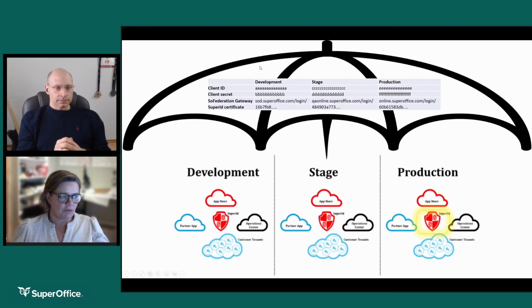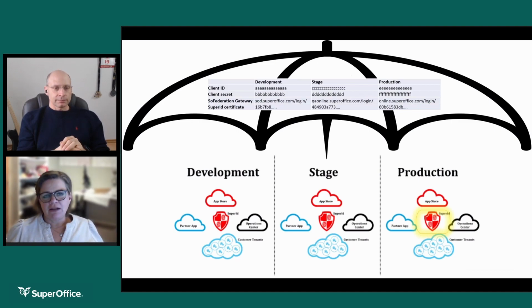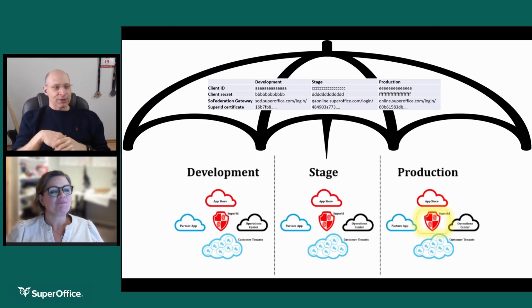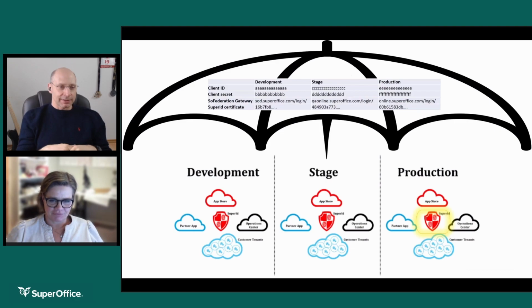So with the developer portal, you're able to see and manage all three environments in one screen, in one web page, in one lovely little portal. And I get to manage it as a developer myself rather than having to ask you to copy that information across the different environments. Oh, yes. And also, if you make a mistake, you can fix your own mistake instead of asking me to, which is lovely.